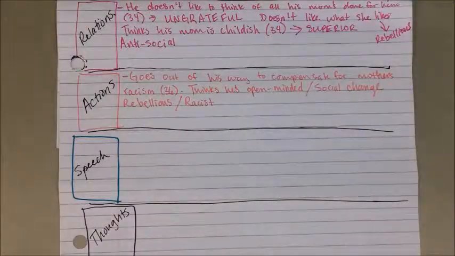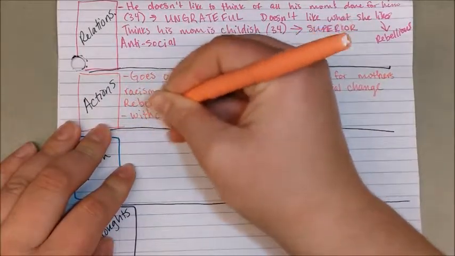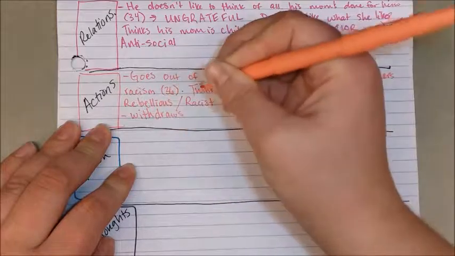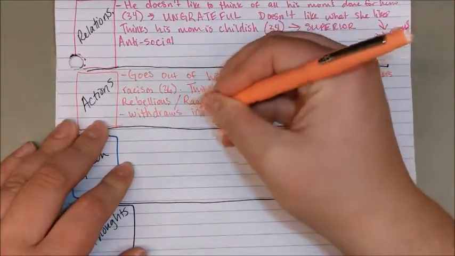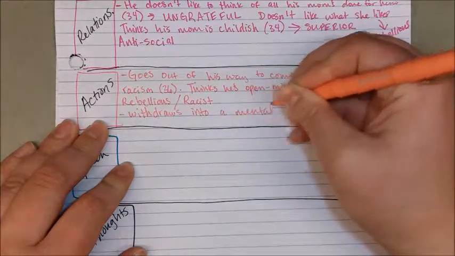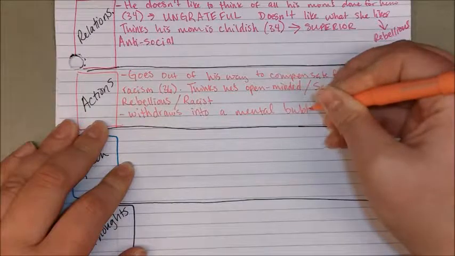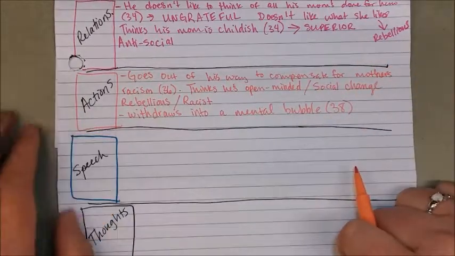And he does this so that he doesn't have to deal with his mother or with things around him. So we know that he's introverted, and we know that he's antisocial, and he kind of has his own little fantasy world. So he withdraws into a mental bubble, and I found this information on page 38, so I'll just record that so I can find it easily later.